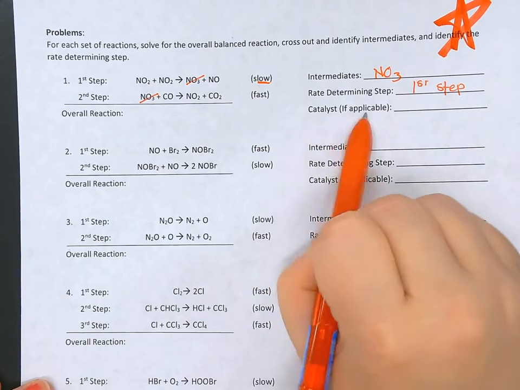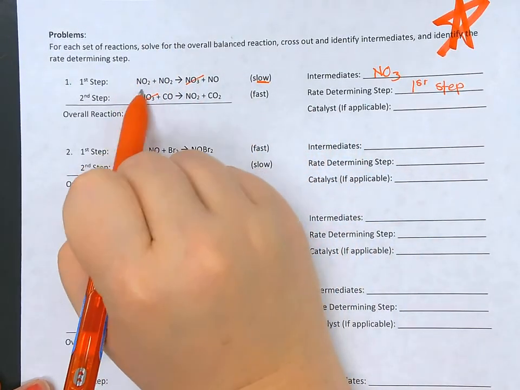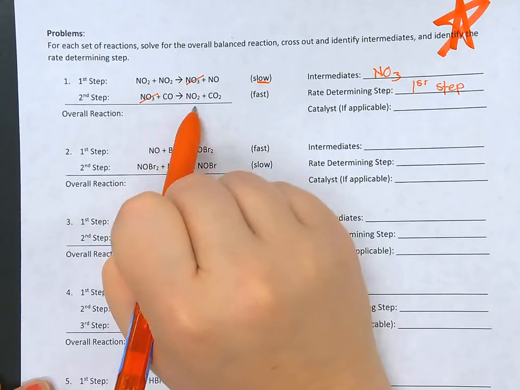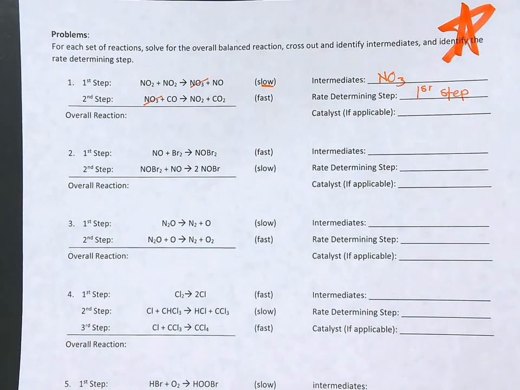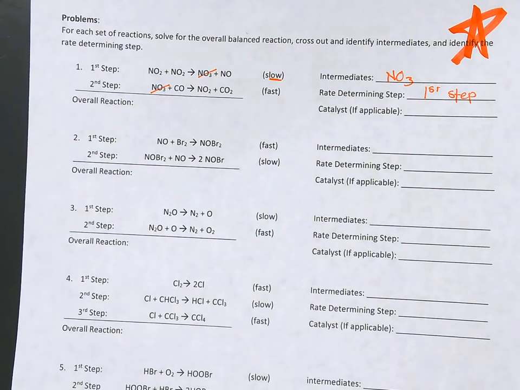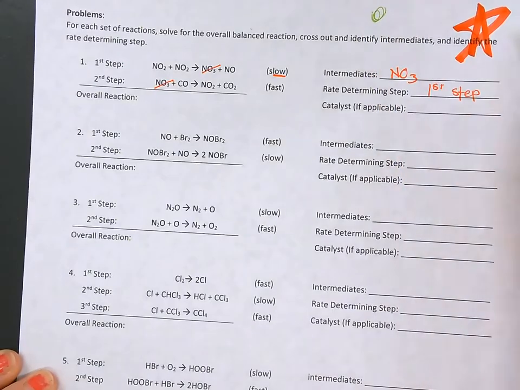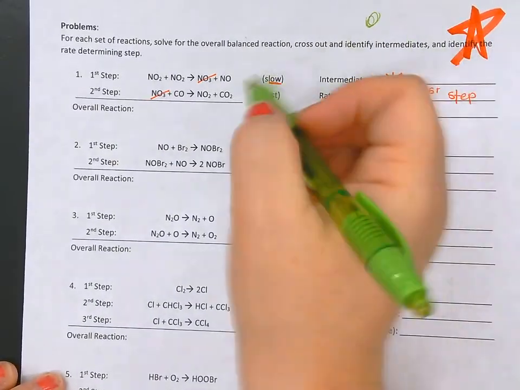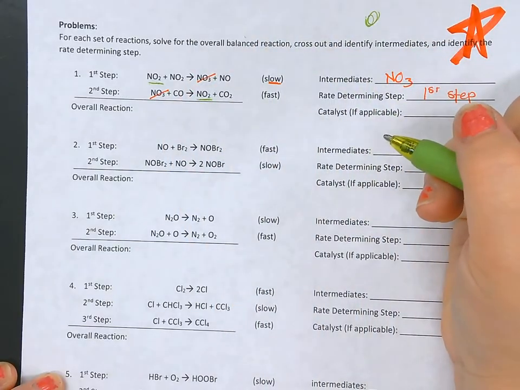I'm also going to go ahead and look for any catalysts. So catalysts are chemicals that we start with as a reactant and we end with as a product. I'm going to use a different color so we can see the difference in our catalysts versus our intermediates. All right, so in this case we've got NO2 and NO2. Those two are the same.